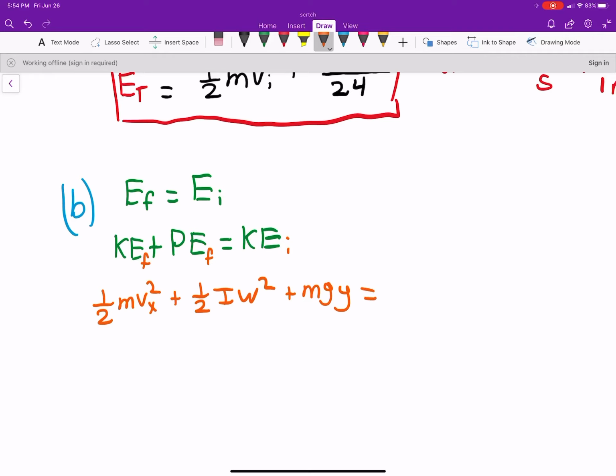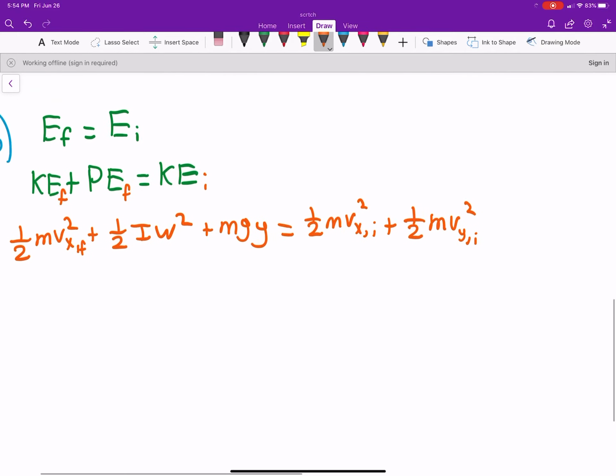is equal to 1/2 m v x squared, and I should make a note that this is final, initial, plus 1/2 m v y initial squared.